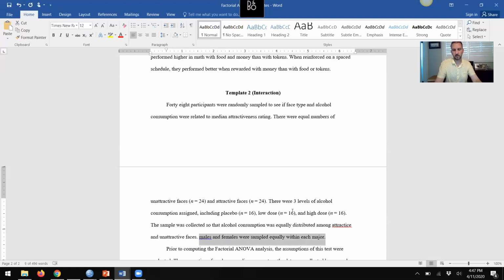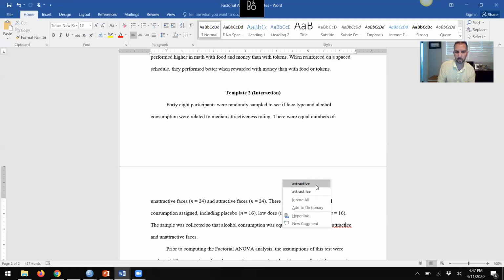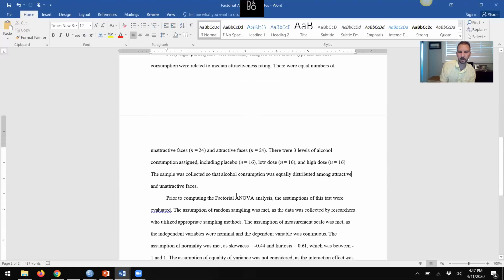All right, and all that means is that for each of these groups, we didn't put all the placebos into the unattractive phase, and the low dose into the attractive. No, it was equal. So there's 8 placebo, 8 low dose, 8 high dose in the unattractive phases, and so on. All right, so that's describing our research question and our sample.